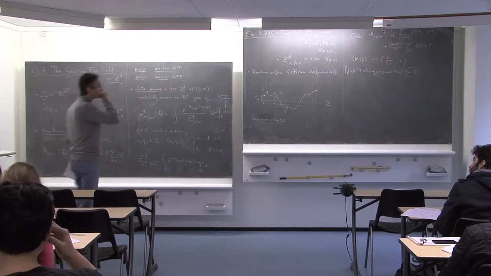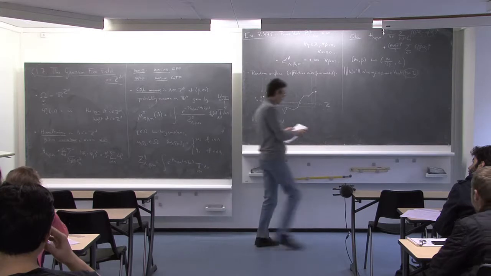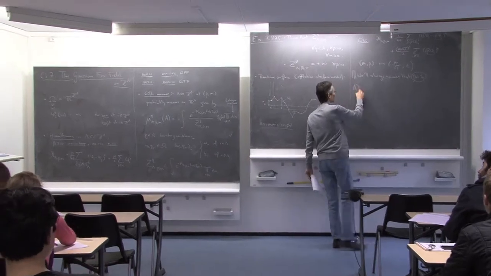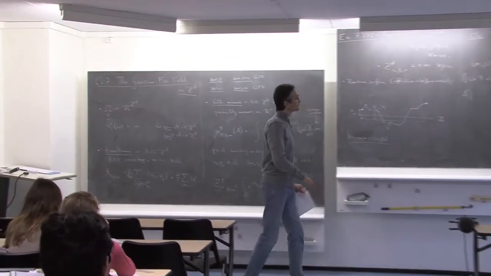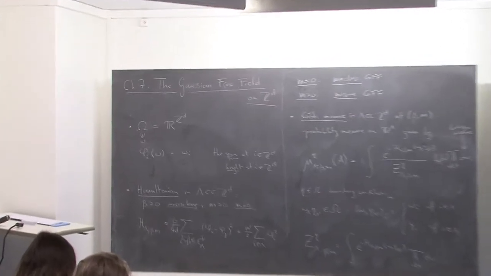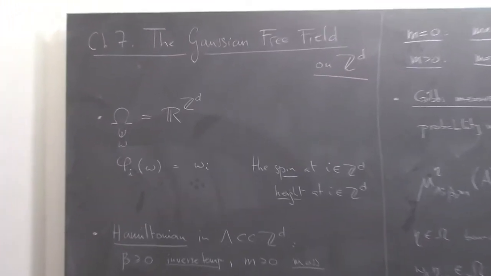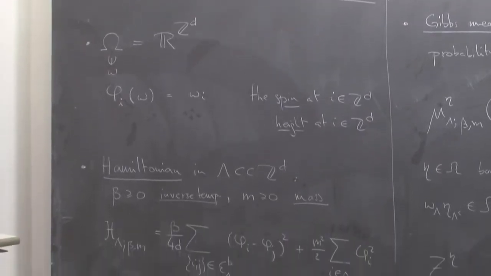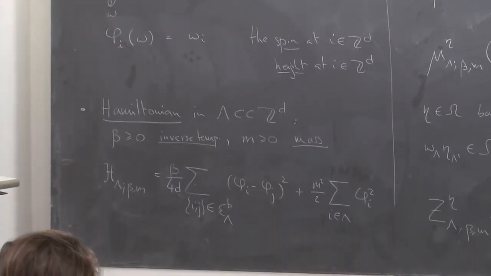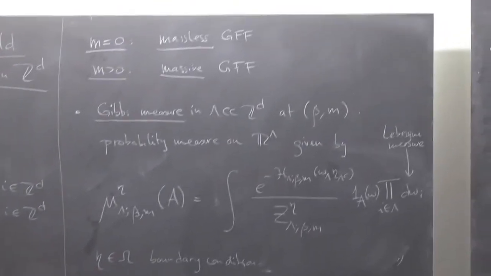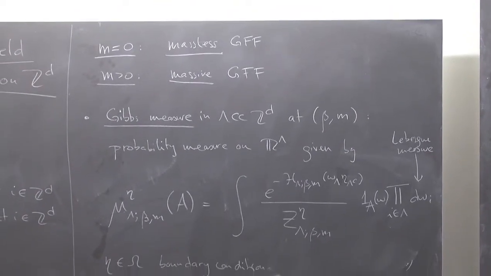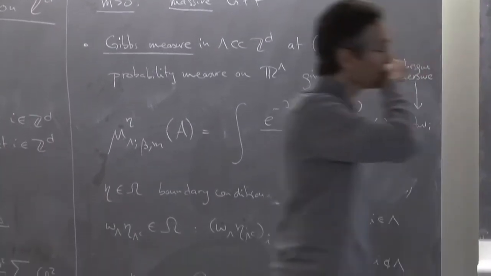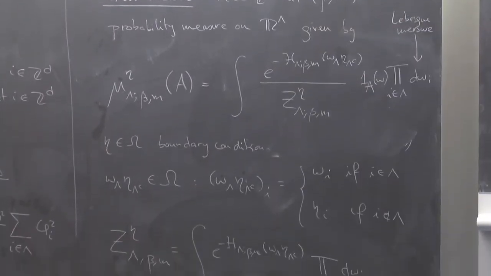And now let's move on to the main thing I want to explain in this chapter, which is the random walk representation. Okay, and the goal is the following.